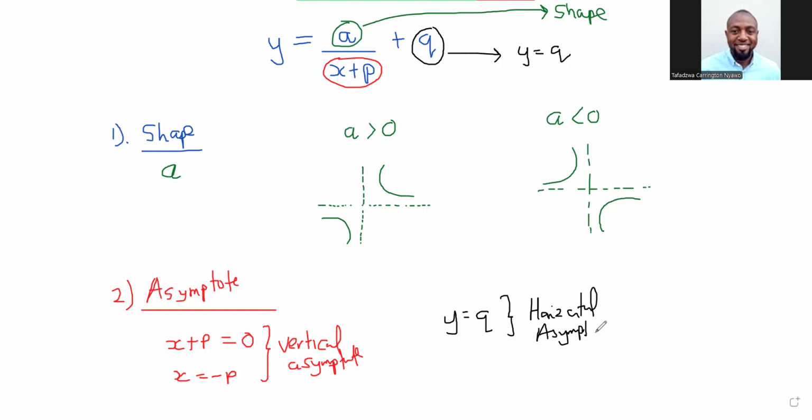Okay? And then after that, I move on to step number 3, which is to find my y-intercept.